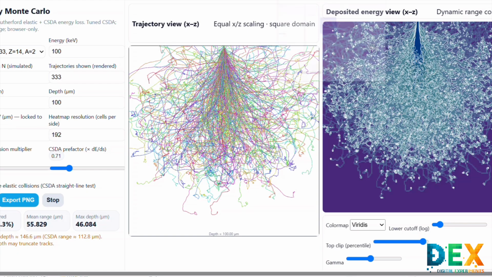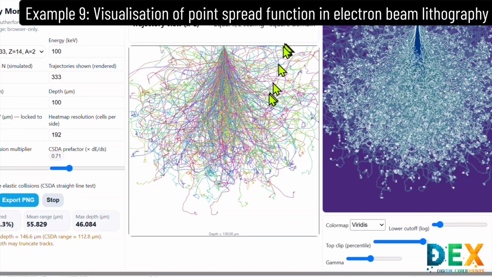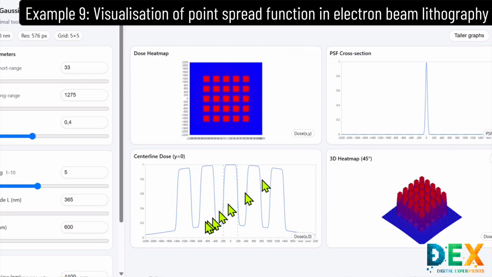There we have something like this. It's also related to electron beam lithography, where this is illustrating the proximity effect. So I can change the backscattering range. That's the scattering effects that we just saw in the simulation, going on in the substrate. And this leads to some dose outside the lattice I'm trying to expose here.